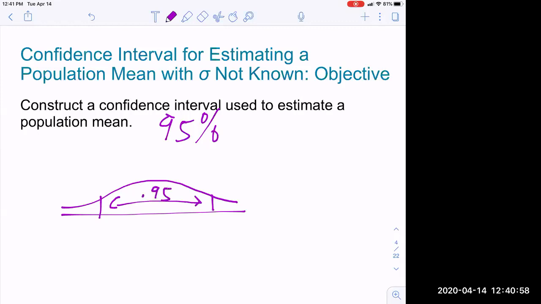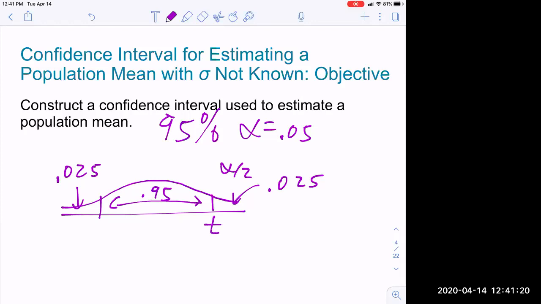So I know that my alpha is 0.05. So we always get our alpha over 2. So I want the area in this tail, which is 0.025, and the same area in this tail. The reason I do that is it's going to help me find this t-score.